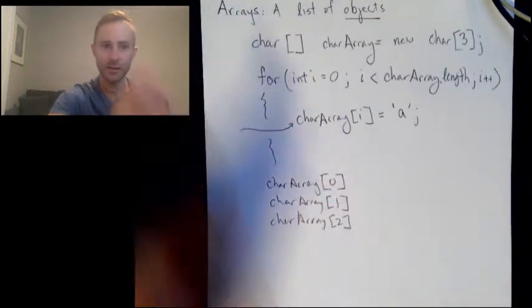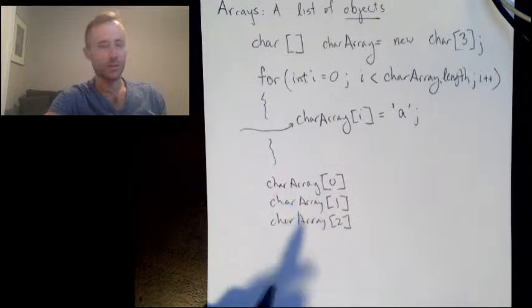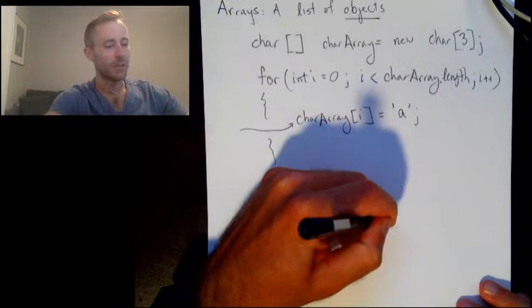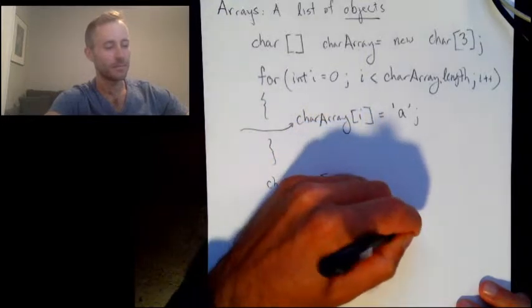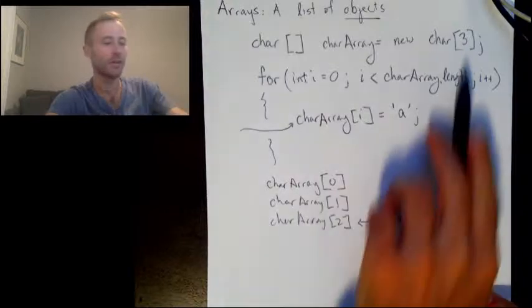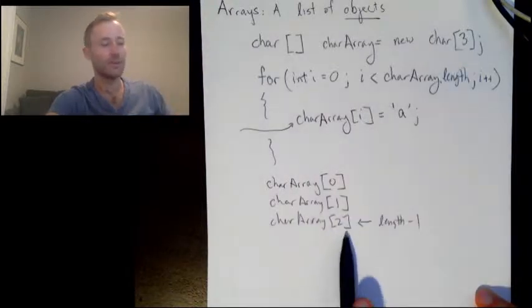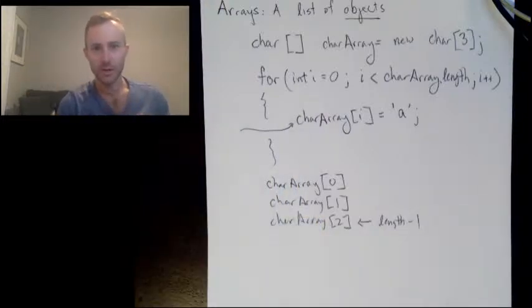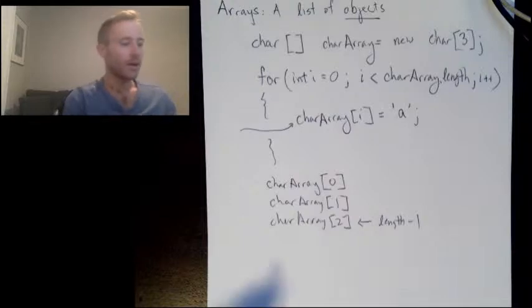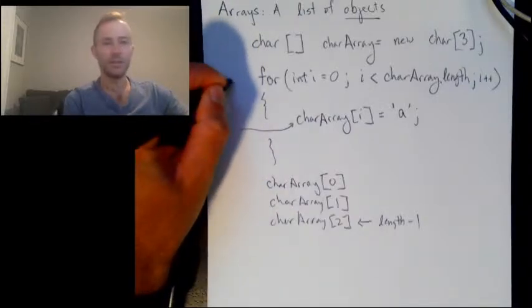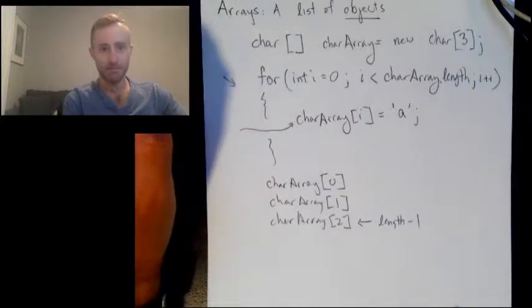Notice how the last element of the array is at the position length minus 1. Because this is an array of length 3, the last one is at 2 because we started at 0. So that's just a little computer science thing that they do. So this is one way to initialize an array.